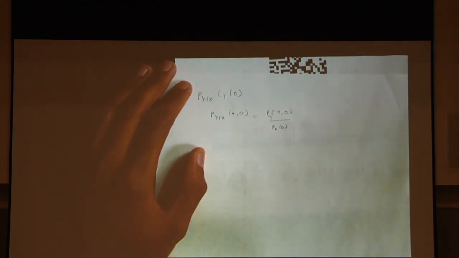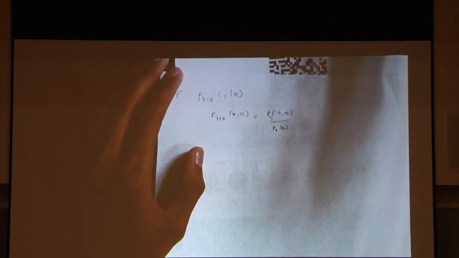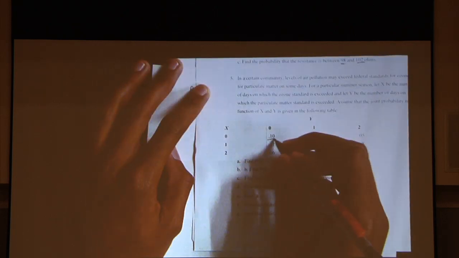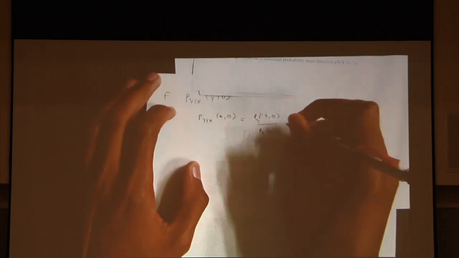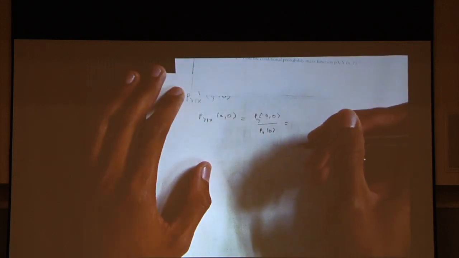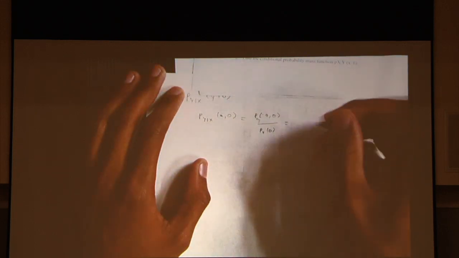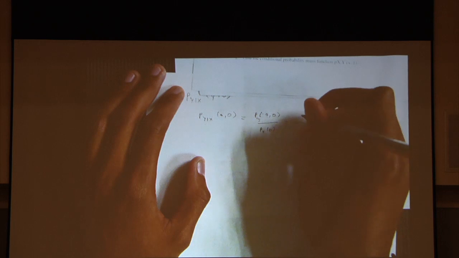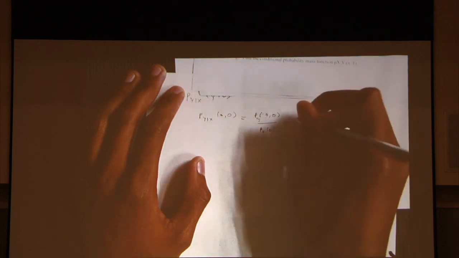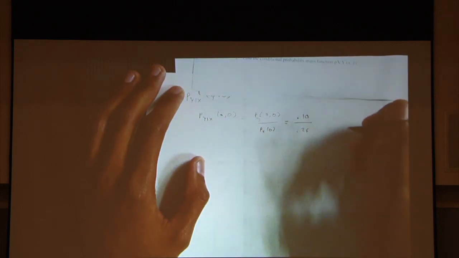So the probability that you have 0, 0 is 0.1 here, right? And we already computed the probability of x being 0 from the marginal probability mass function, which is 0.26, right? So this was 0.1. You can get the answer like that.